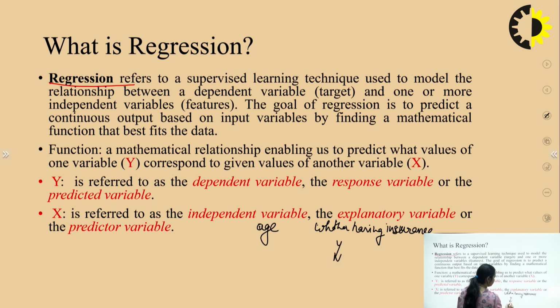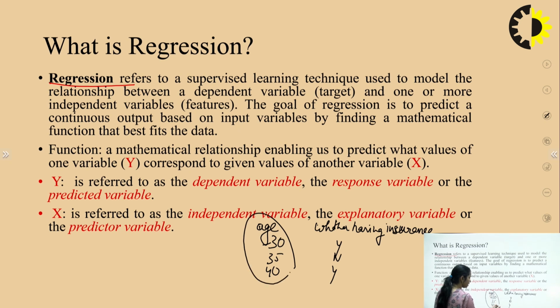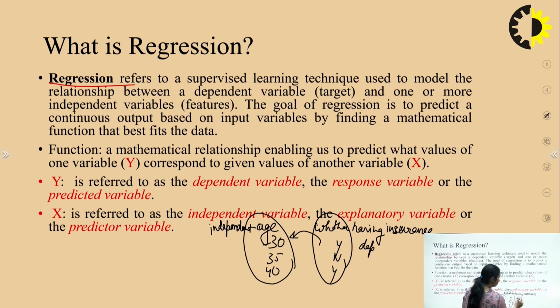Yes, no, this may be the format, but age is like 30 is the age, 35 is the age, 40 is the age. So depending on the ages, in that case this will be considered as independent. This will be independent. But since this is dependent on this, this will be your dependent variable.